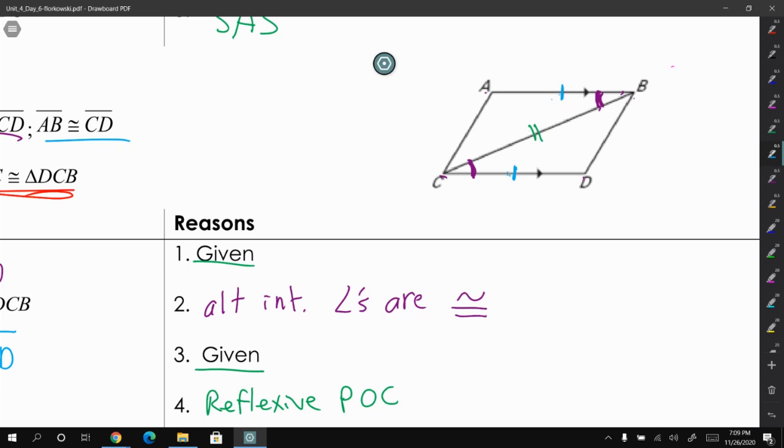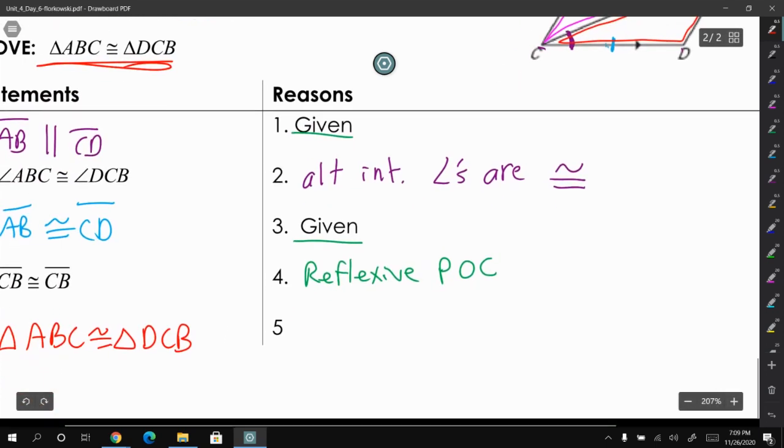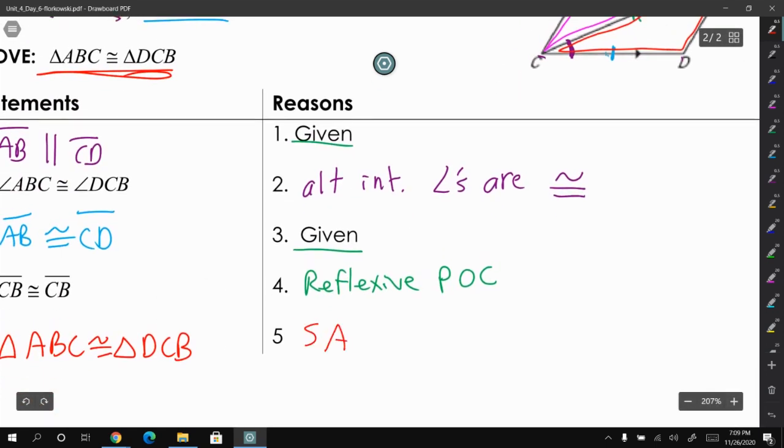And the angle that is congruent is the included angle in that top triangle. We have a top triangle here, and your bottom triangle here. The congruent angle is the included angle in both of those triangles, so we have side angle side.